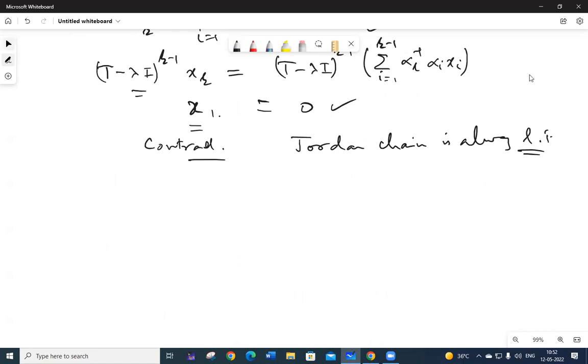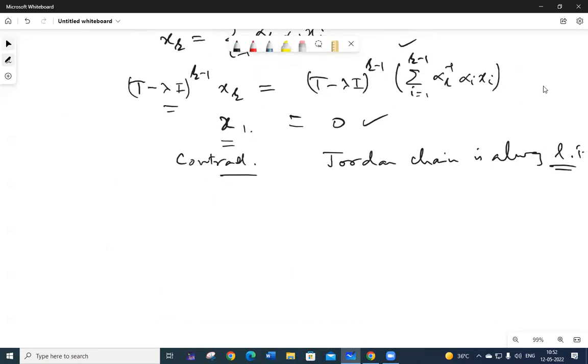If this consists of k vectors, then I say this is a Jordan chain of length k. What can be the largest size of the Jordan chain? n, since it is linearly independent, so that is the dimension of V.